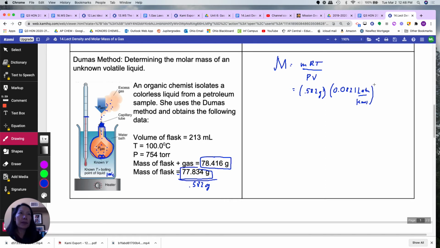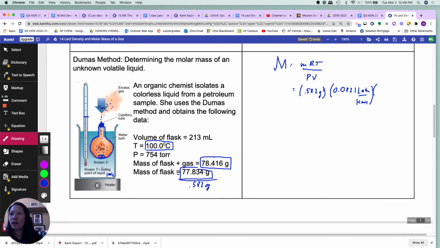Temperature is given here. So the temperature is 100 degrees Celsius. Actually, your water should be boiling already because the liquid has to be all in gas.